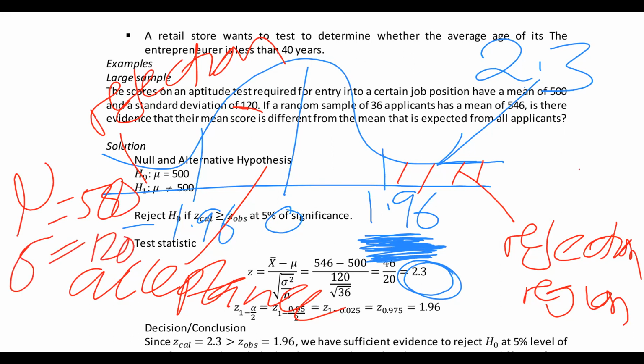The sample size is given, a random sample of 36, which is your N. Then X bar is the mean that comes from the sample. When they got this sample, they got a mean of 546. That is the X bar. Then you compute. Did you get that? Okay, sir. Thank you.